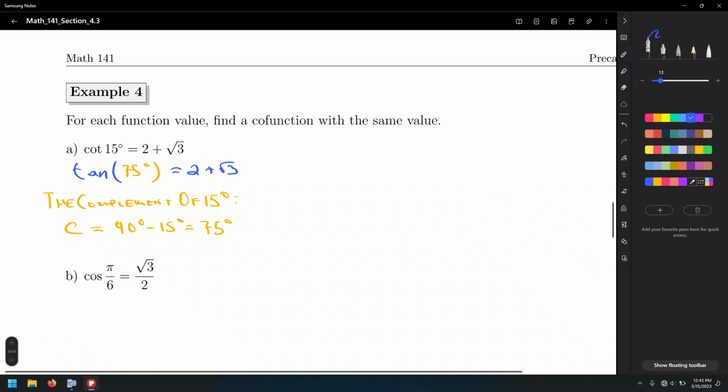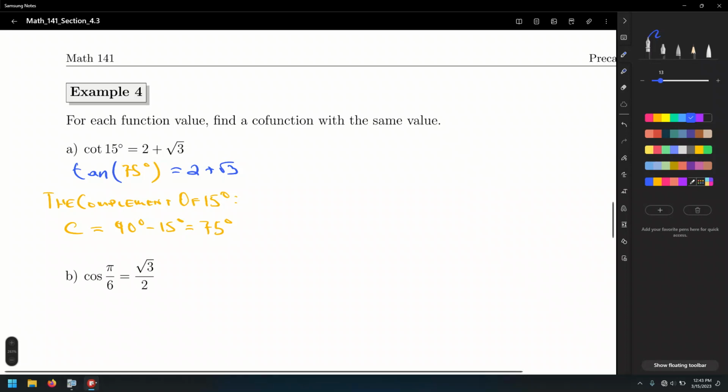What are we doing? Two things here. Identify the complementary function, because cotangent is a cofunction of tangent, and we also find the complementary angle for which we want to evaluate. And these two have to be the same quantity.